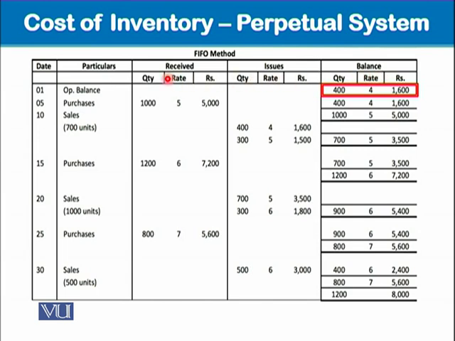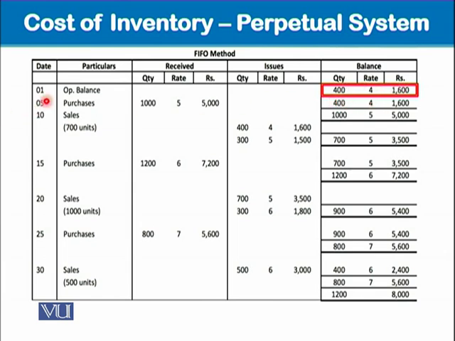If you recall, there were two methods of maintaining ledger accounts: the T account method and the running balance method. This is the same running balance method style. But since we are maintaining inventory and we also have to record its quantity and amount, we have divided the received column into three parts: quantity, rate and amount. The issued column is also divided into three parts, and the balance column as well: quantity, rate and amount. Okay, let's start.